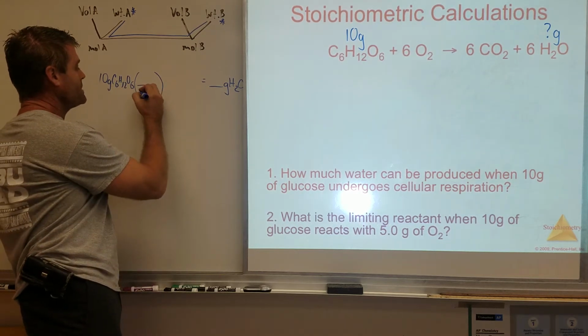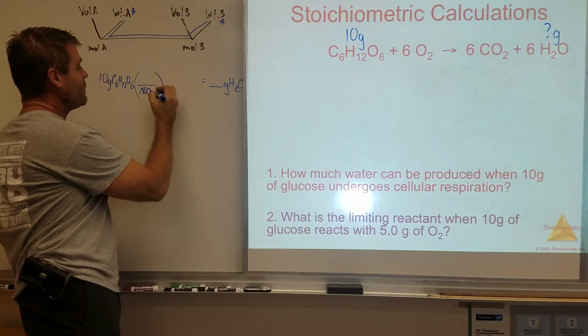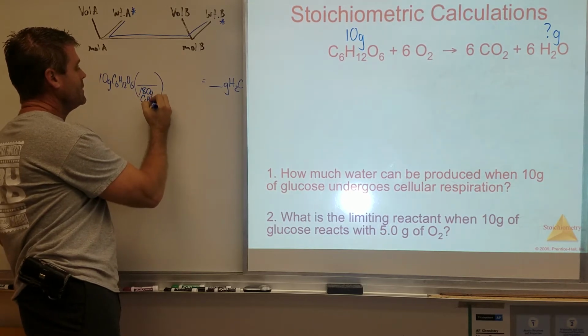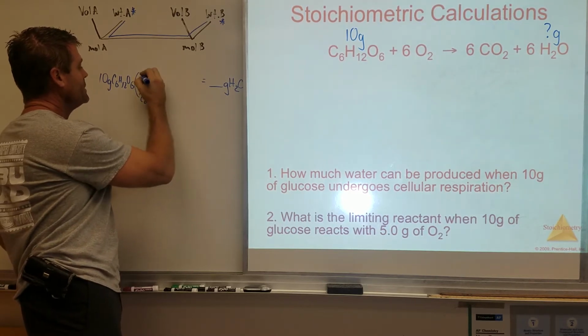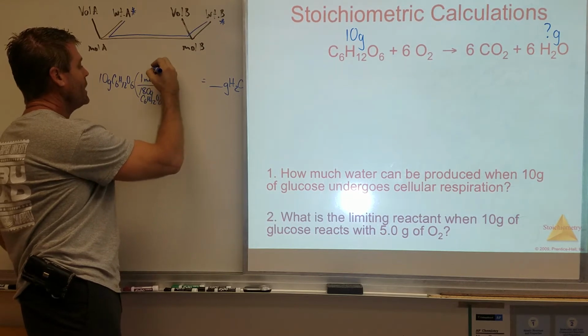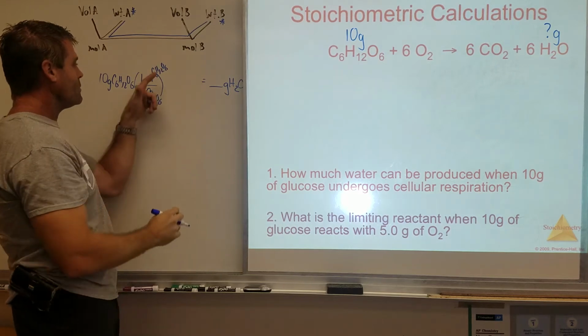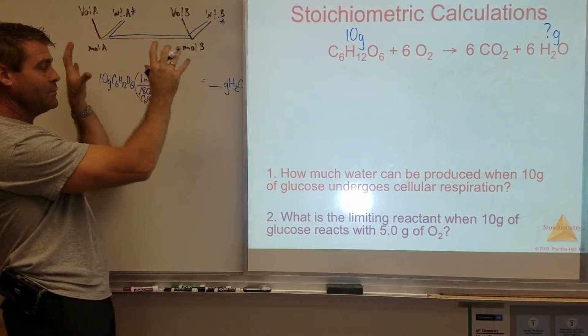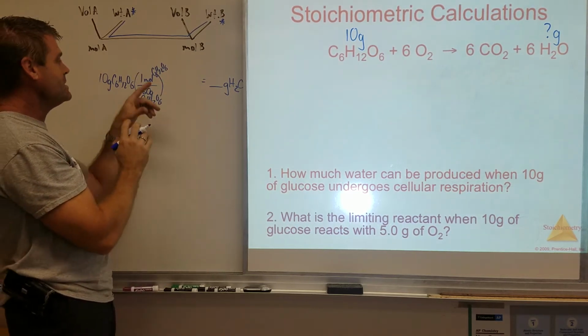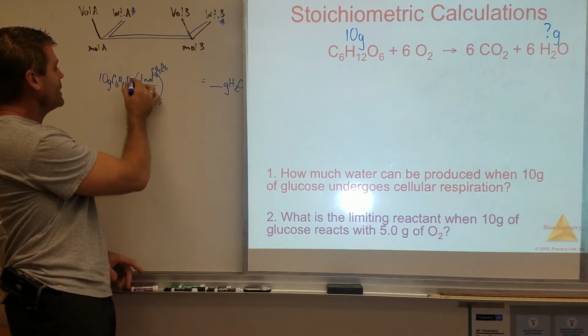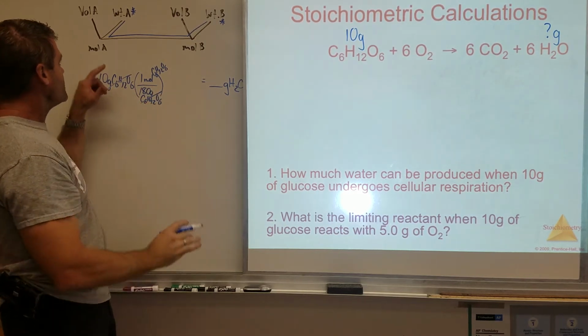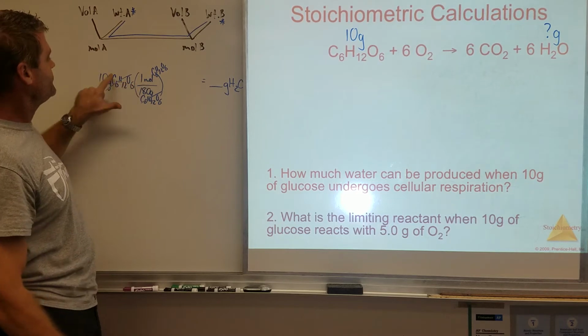It's 180 grams per mole. So 180 grams of glucose is equivalent to 1 mole of glucose. It might seem tedious to write down the molecule, but because we're dealing with 2 different substances, you want to write it down, otherwise you're going to get confused. So grams of glucose cancels out, and now I'm at moles of A.